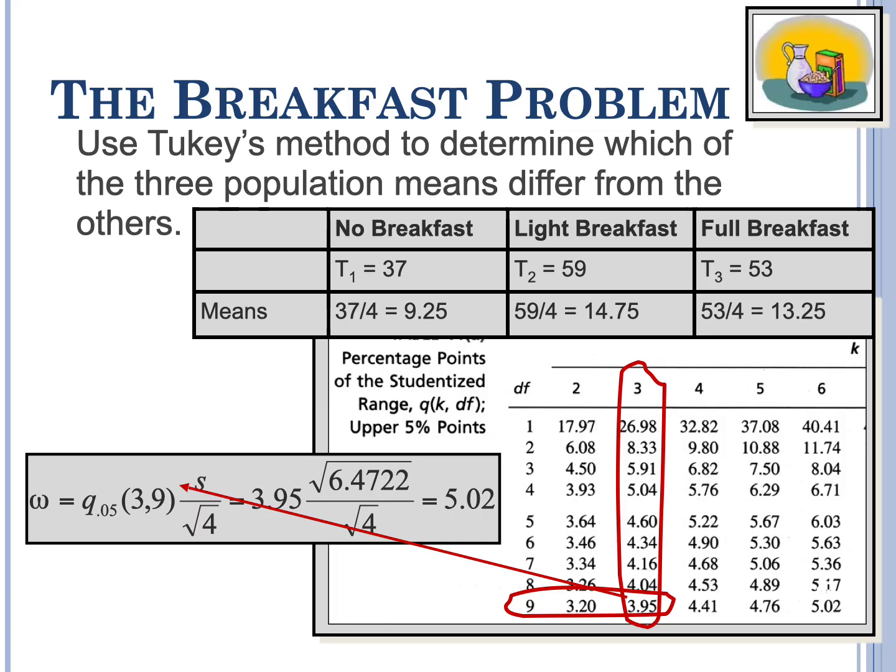We have a 3 and 9, so this is 3.95. And S, the common variance estimate, is the MSE from the ANOVA table. So we find the MSE from the ANOVA table and divide it by the n_i, which is 4, and it was given here. So the value of omega equals 5.02.